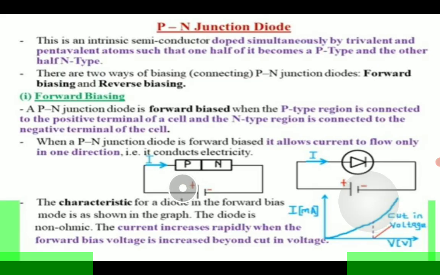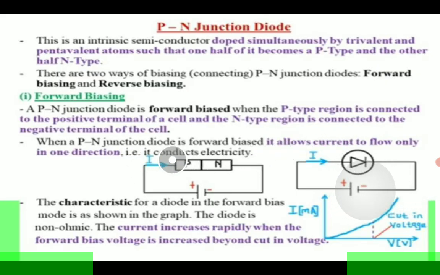When you have connected like this, then we say that your diode is in a forward biased mode. So when a PN junction diode is forward biased, it allows current to flow only in one direction.